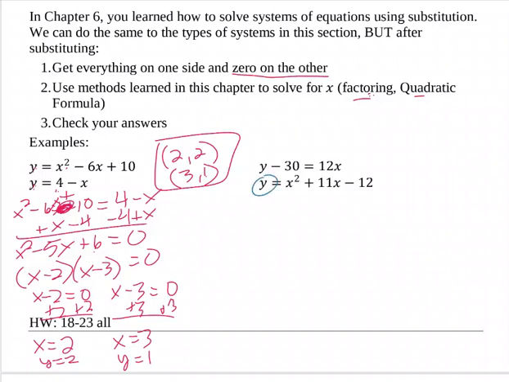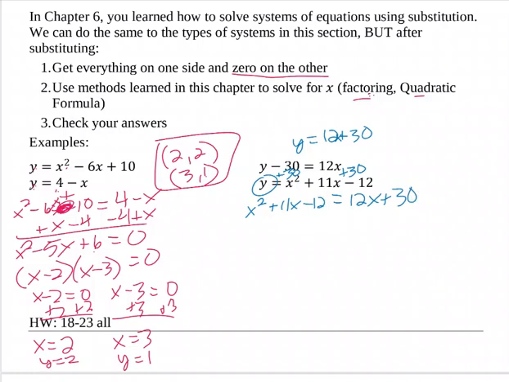So we're going to add 30 to both sides. Once I do that, I have y equals 12x plus 30. Now I can set them equal to each other.